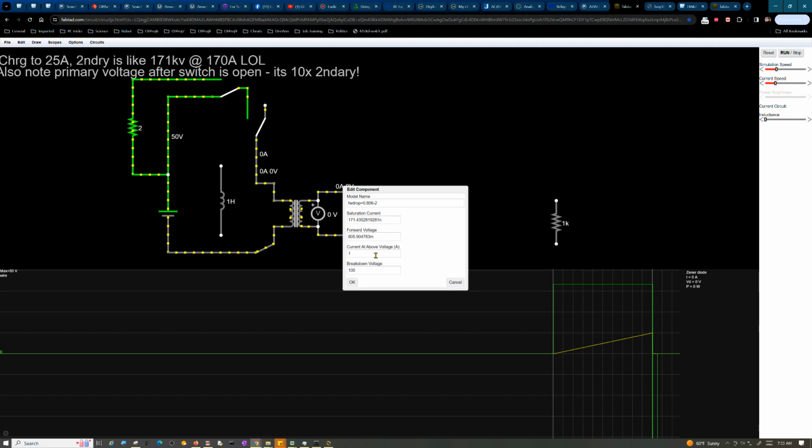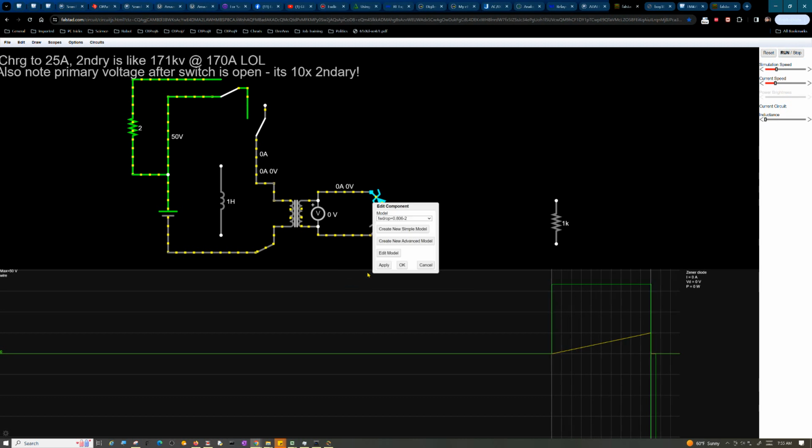Because you got to understand, real transformer, like let's say you use a 300 VA transformer at 60 hertz frequency, it would have to supply 300 joules per second to a load. That's its capacity. But really you got to divide by 60 basically.